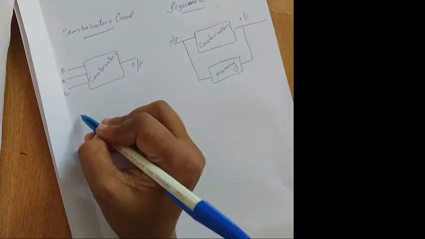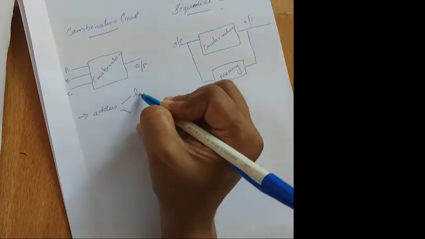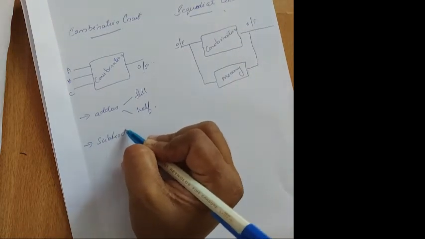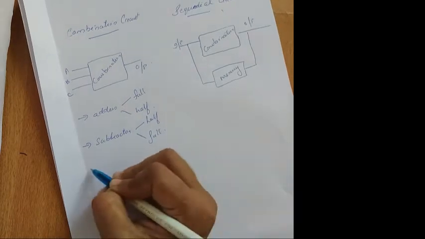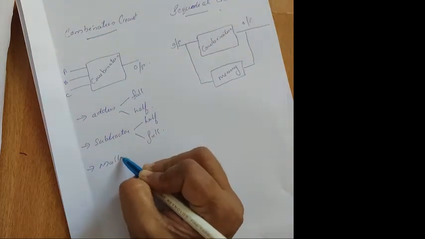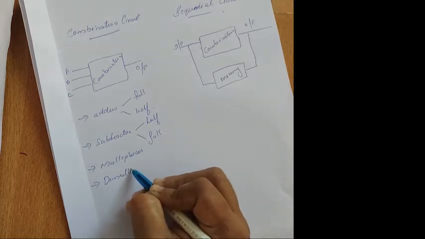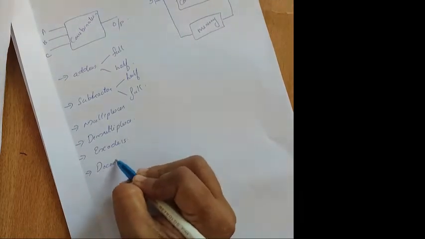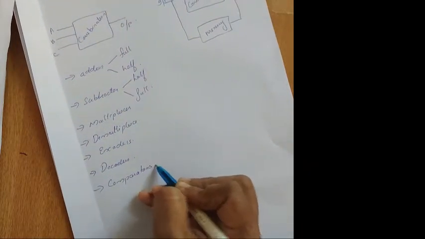So we have seen different combinational circuits. They are adders, full adder and half adder, subtractors, half subtractor and full subtractor, multiplexer, demultiplexer, encoders, decoders, and comparator.